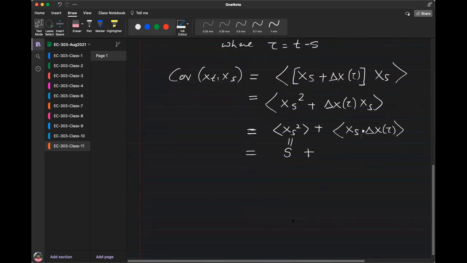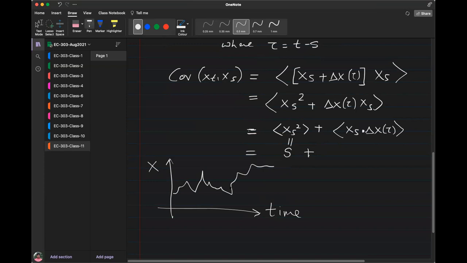So let us try to understand this. This is the time axis, okay? This is x, okay? So we have the random walk happening. So let's say this was s. So we have reached xs here. And let's say this is tau. And then you reach t. And this is the value, xt.